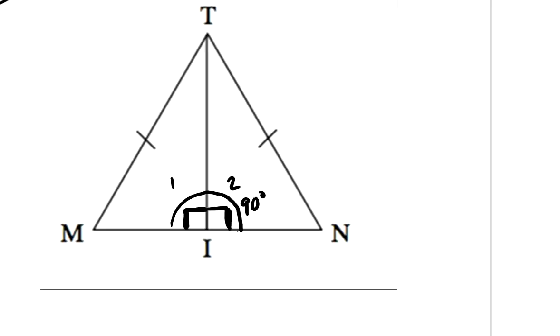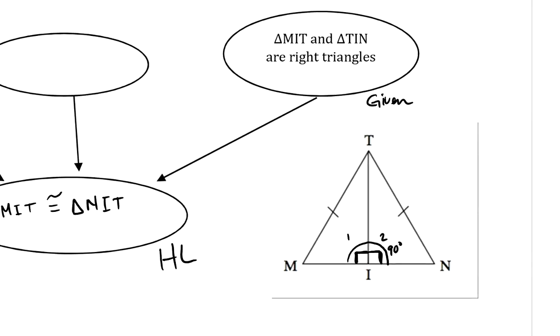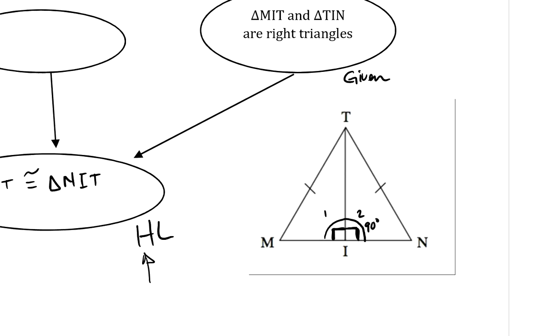they are right triangles. The other thing that has to be true is I need a pair of congruent hypotenuses. I can see from this diagram that they do have H congruent. They both have hypotenuses that are congruent. You can see the hypotenuses are, for example, TM and TN. It's given that they're congruent.